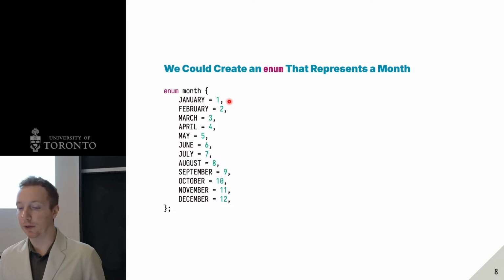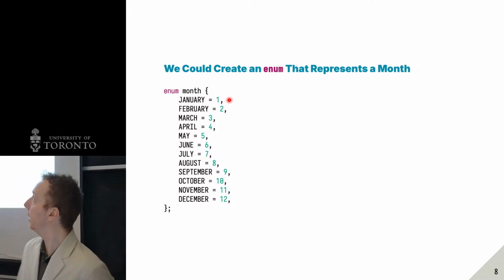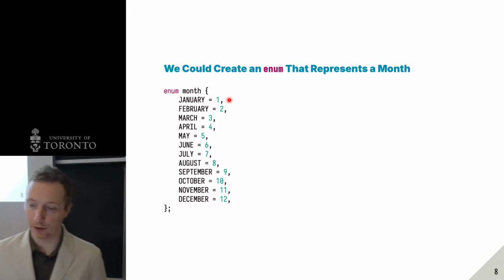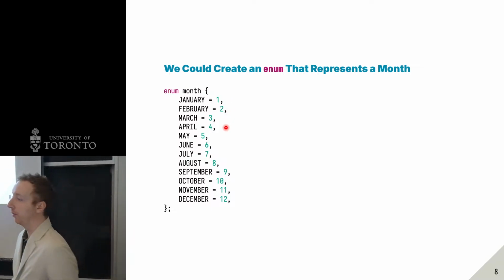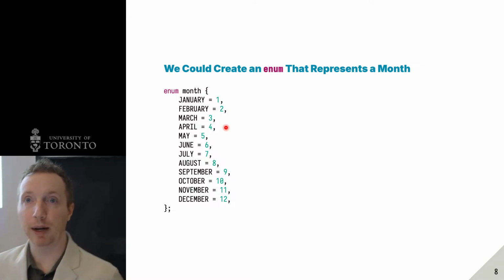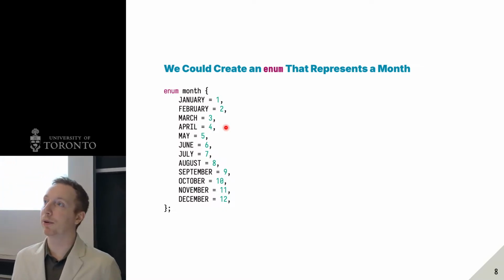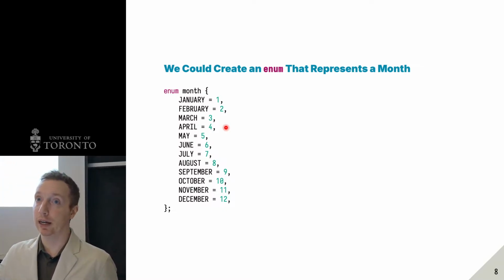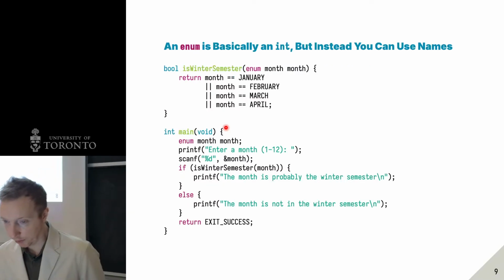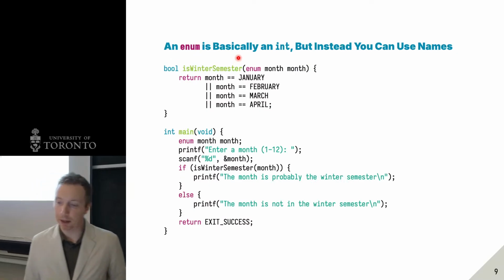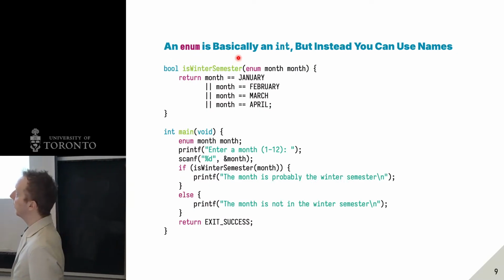So I could define it like this, give every name. So January is 1, February is 2, March is 3, April is 4, so on and so forth. And then when you actually write your program that uses a month number, you can actually read it in English instead of just a number. So it's basically an int, but instead of numbers, you can use names.